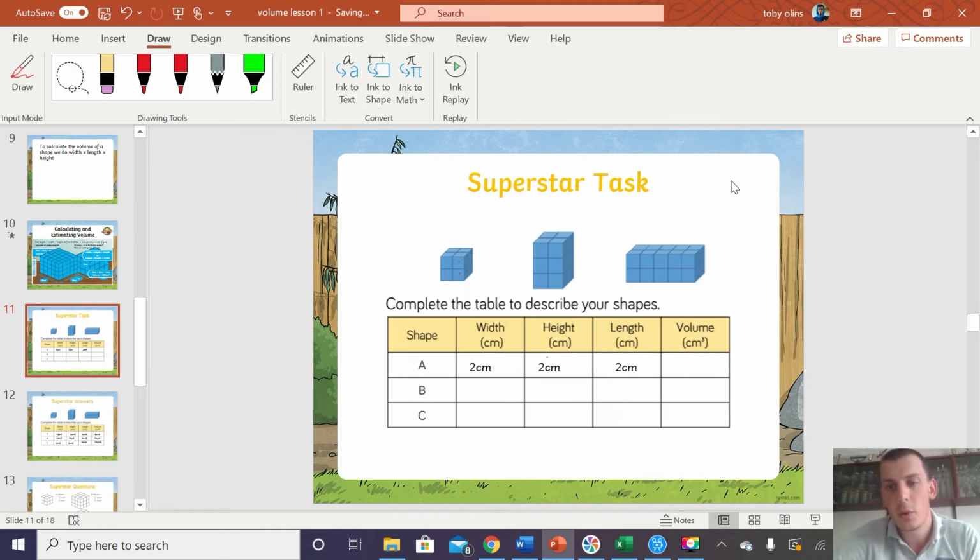So we've got our width, height and length for shape A, and then the volume is going to be the width times the length, so 2 times 2 is 4, and then 4 times the height, which is 2, so that's going to be 8. Then our answer is in centimeters cubed, so just put a 3 there.